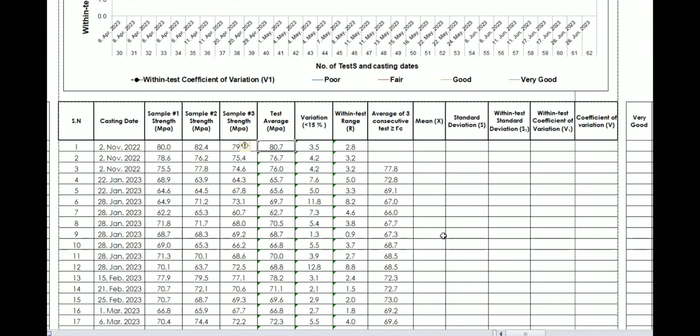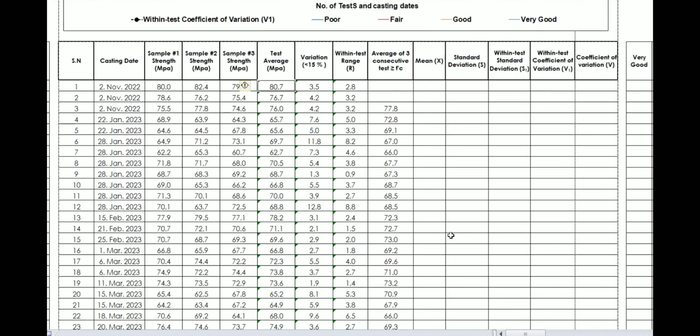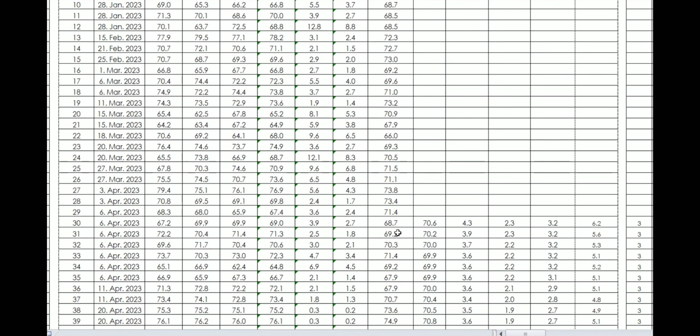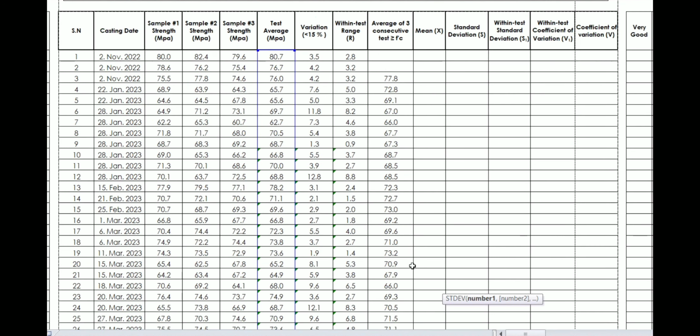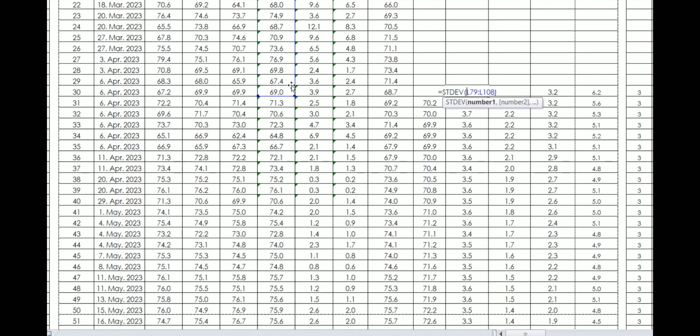In this example, I use 30 strength tests. This is the best; you can have the best presentation whenever you have 30 strength tests, and that's why for standard deviation you don't need any factor.